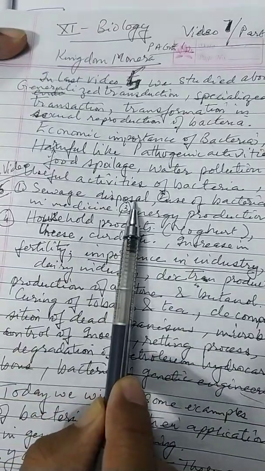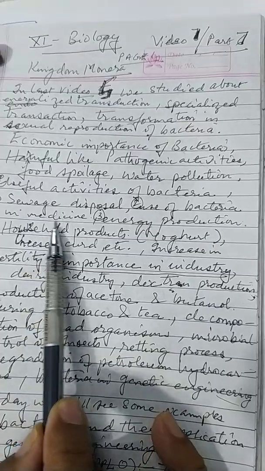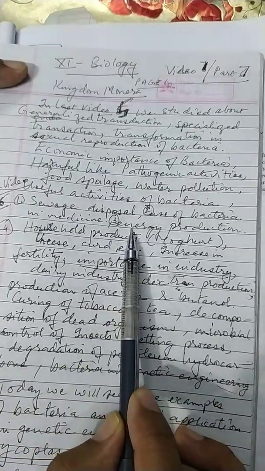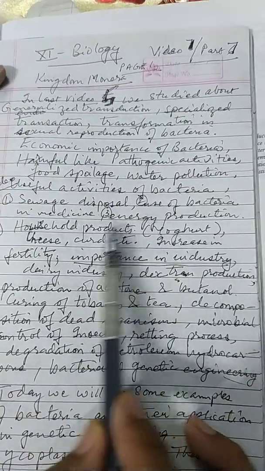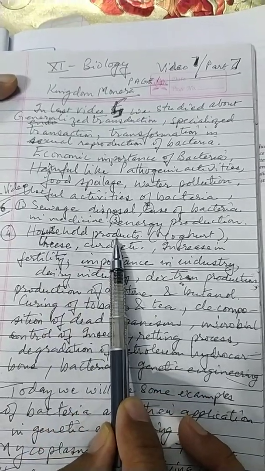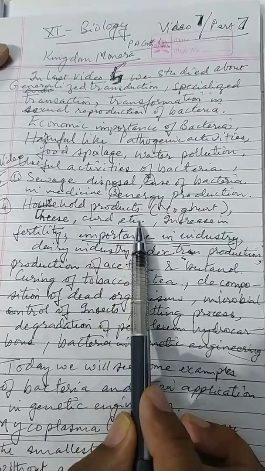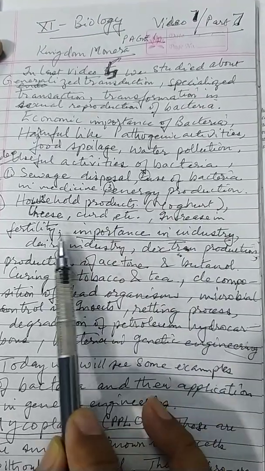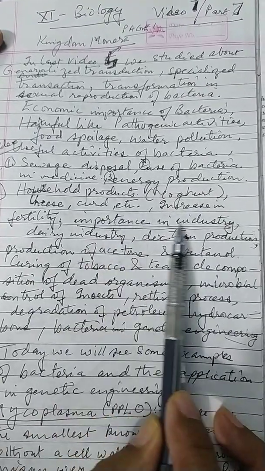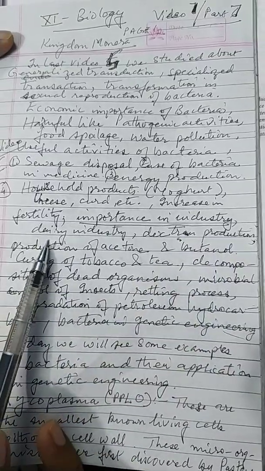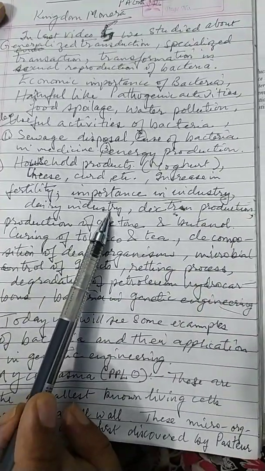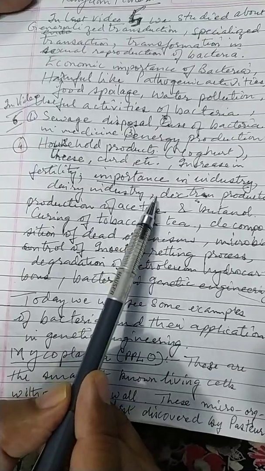bacteria like sewage disposal, use of bacteria in medicine, use of bacteria in energy production. Household products prepared by bacteria like yogurt, cheese, curd, etc. Then increase in fertility, importance in industry, dairy industry products, we saw the role of bacteria.